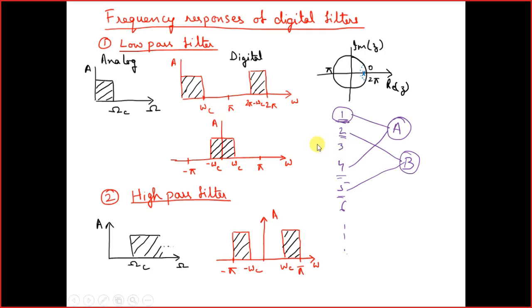We do not want many to one mapping, and from our analysis we saw that when we are working in the region of 0 to 2 pi, we are basically working in the sampling region, where in any signal the sampling frequency is the highest frequency.